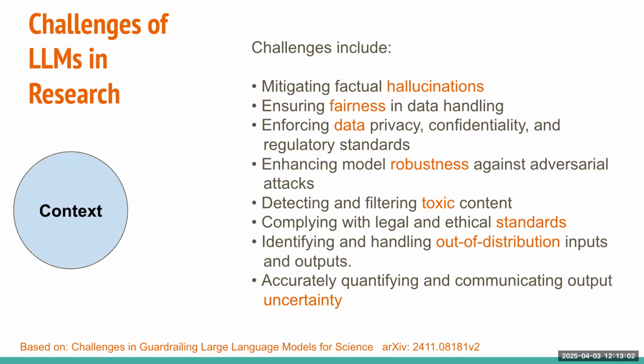How are you ensuring that you have fairness in how you handle the data, how you prepare it? What is the data privacy, confidentiality? What are any regulatory standards that might apply in your research domain specifically? Or even standards of your professional associations in regard to data privacy and data handling issues.